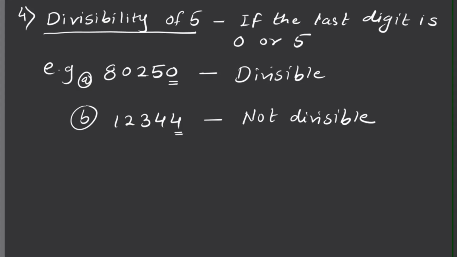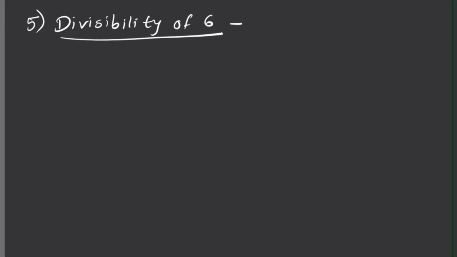Let's see the next rule, divisibility of 6. A number is divisible by 6 if it is divisible by both 2 and 3.